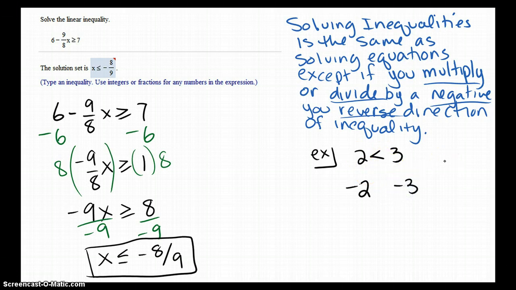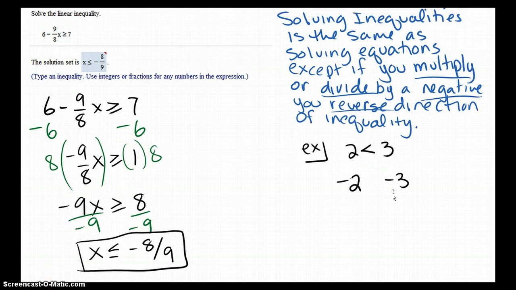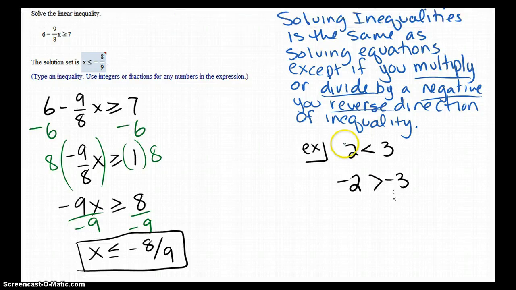But because the larger the negative, the smaller the number, this gets switched, because negative 2 is actually larger than negative 3. Negative 2 is larger than negative 3. And again, I multiplied both sides by negative 1.